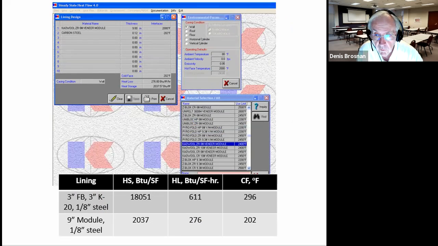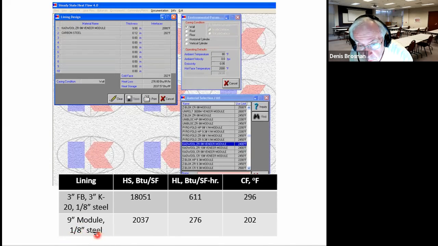So the real beauty of this program is it allows you to compare different lining designs and configurations. So for example, I had a comparison of 3 inches of fire brick, 3 inches of K20s, and an 1/8 inch of steel. In this case, I used 9 inches of ceramic fiber modules tacked to an 1/8 inch of steel.